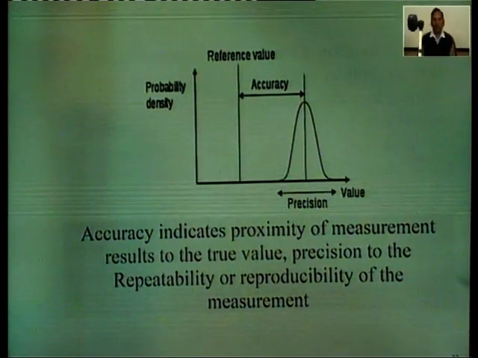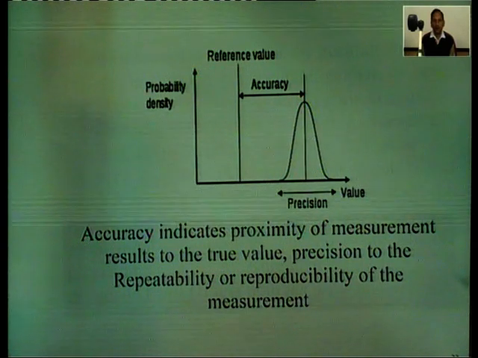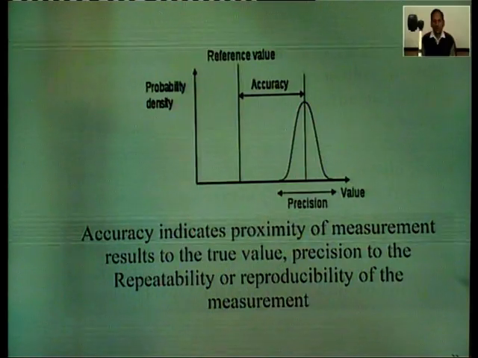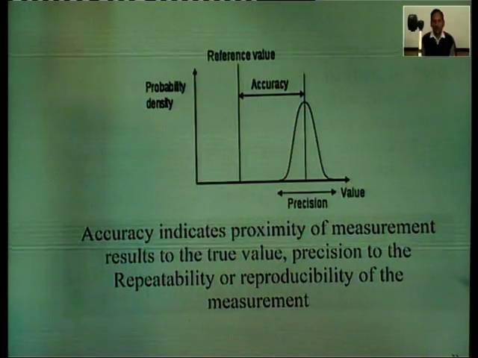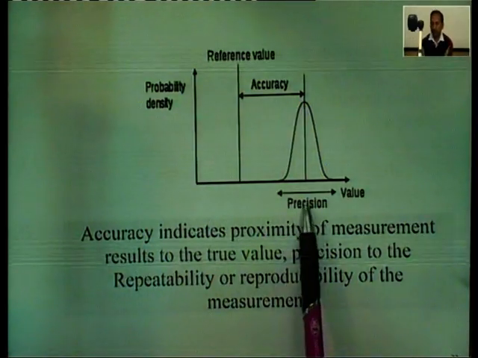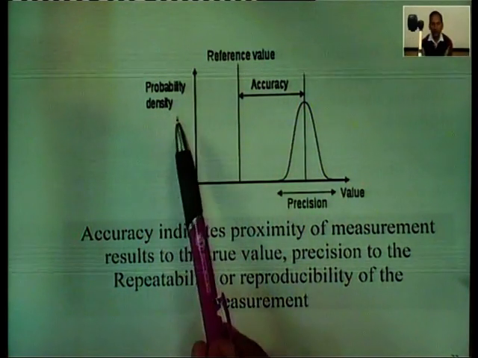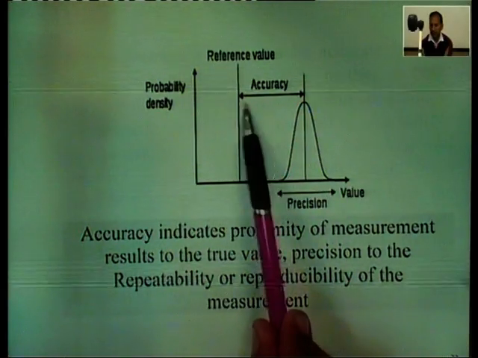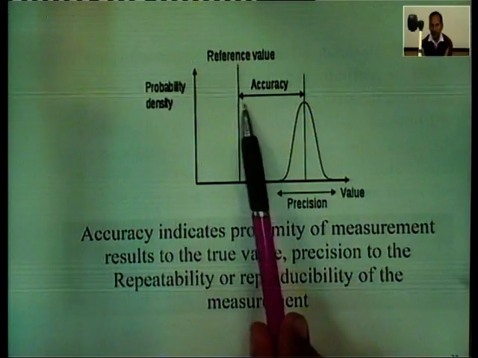Here, if we look at this graph, on the x axis we show the precision line. This is the precision value and this is the probability density. This shows the accuracy in this system.